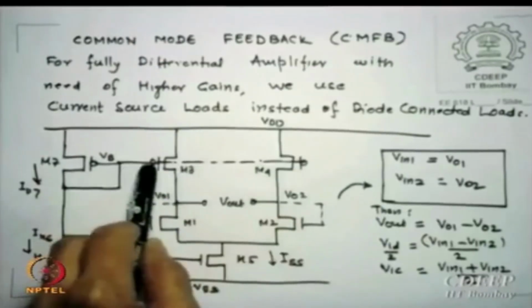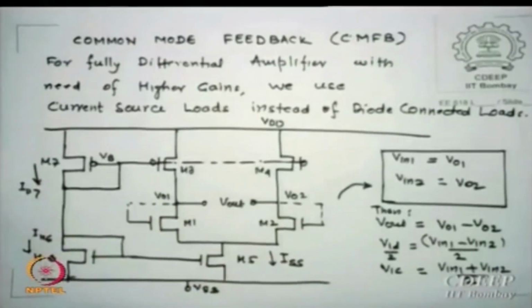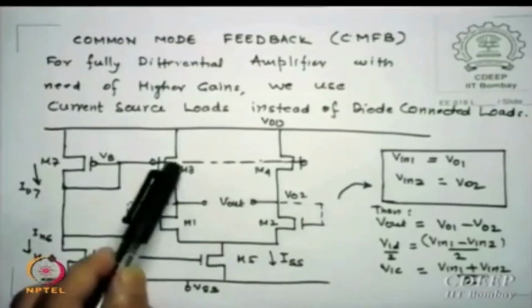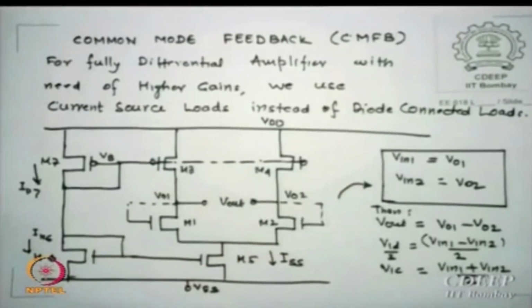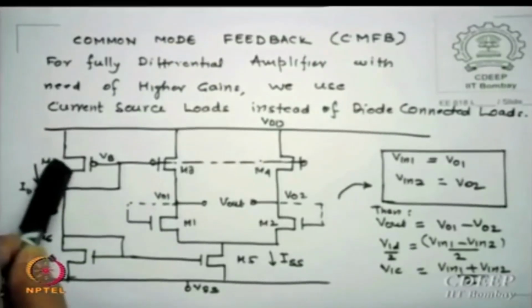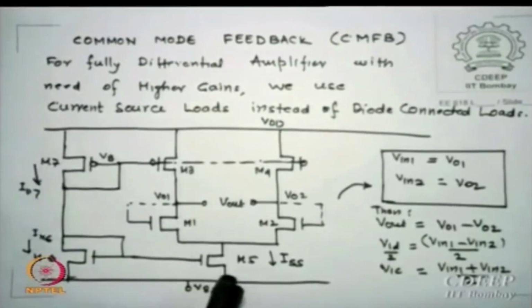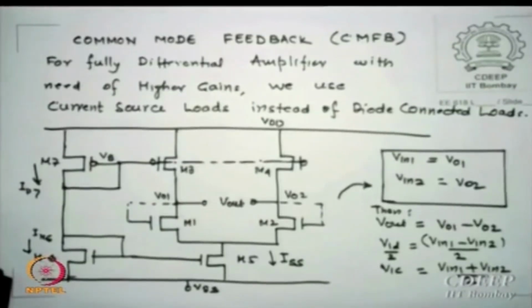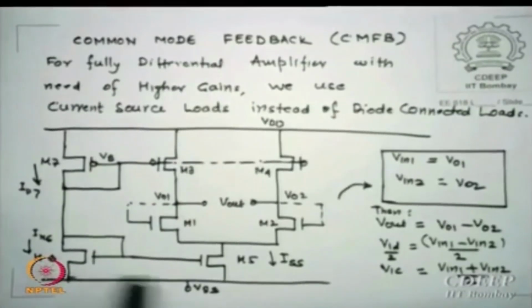These devices receive a potential VB which decides the RO of M3 and M4. Is that point clear? M3 and M4 receive a potential VB which decides RO3 and RO4. This is not a diode connected load, this fact has to be appreciated. This is through a P channel, and the lower current ISS is governed by this N channel mirror shown here.